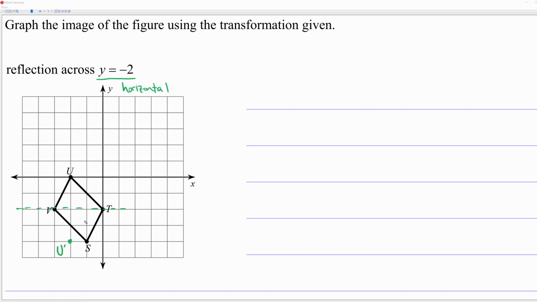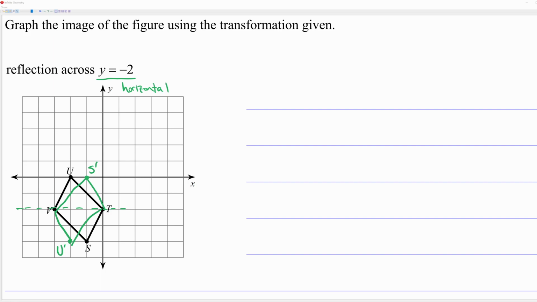Point S, that's 2 below the line. So then you count 2 above the line. And here's S prime. If I connect my dots, I'll do it as neatly as I can here. If you connect the dots, that's what you end up with. Not a very good picture, but you see what I mean. It's the same thing. All you have to do is count.